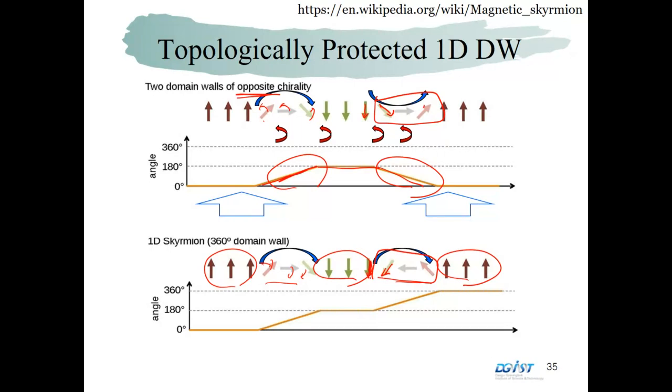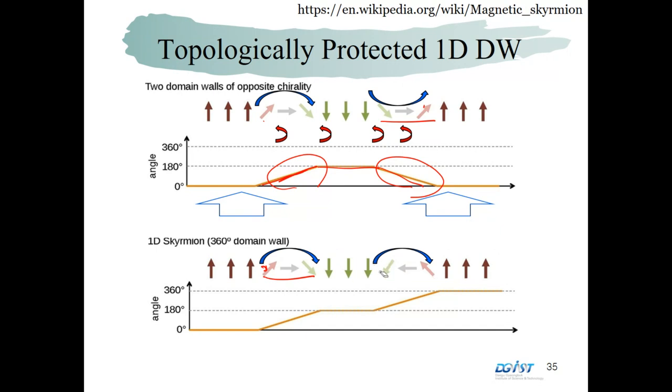In this case, because of the DMI, without DMI, this structure and this domain wall have exactly the same energy. But with the DMI, they prefer this kind of orientation. Then this spin must be in this direction. They cannot be in this direction.